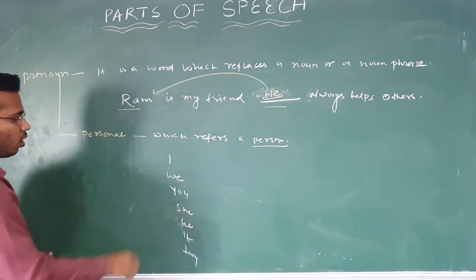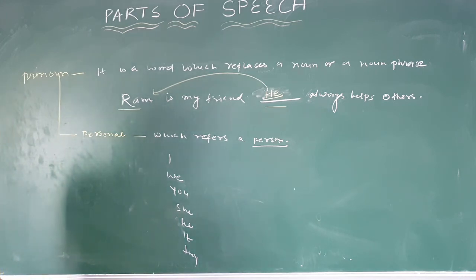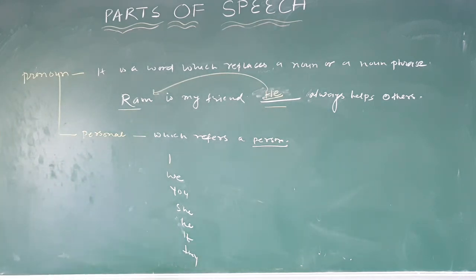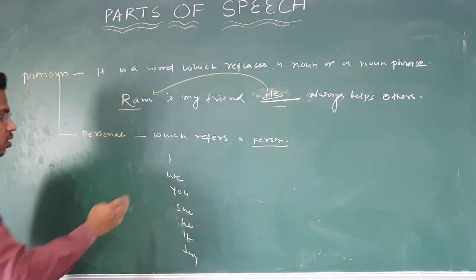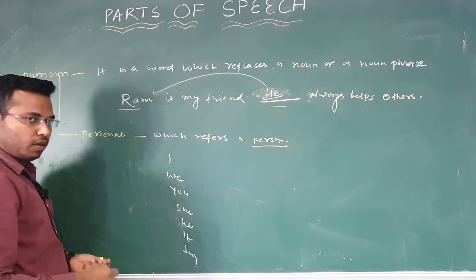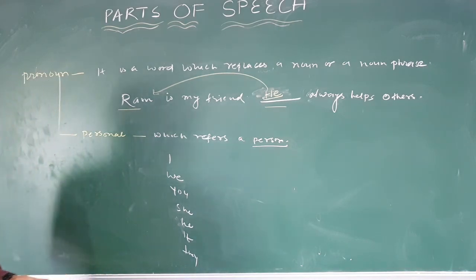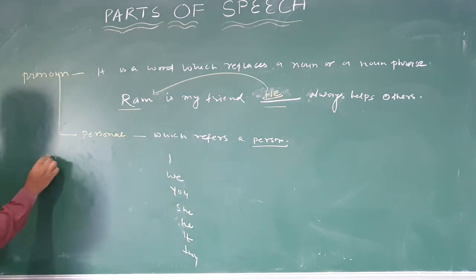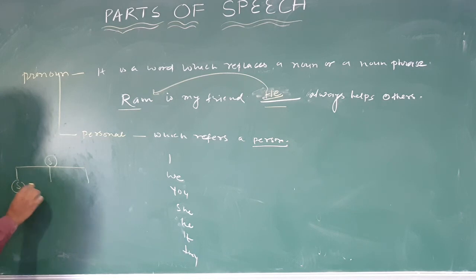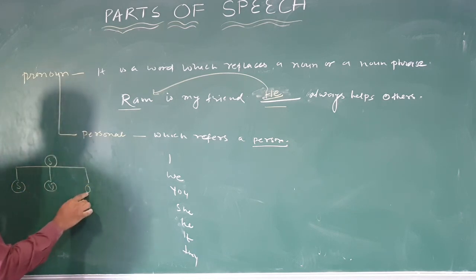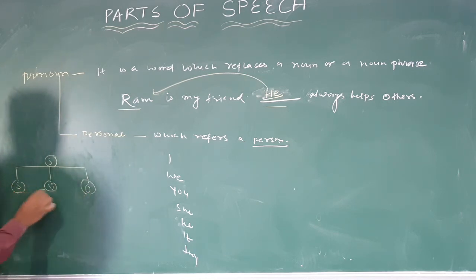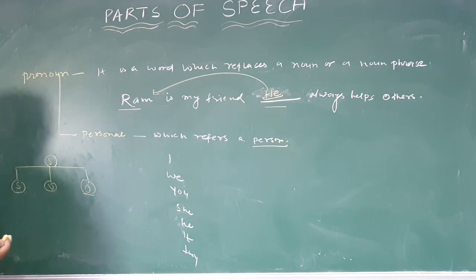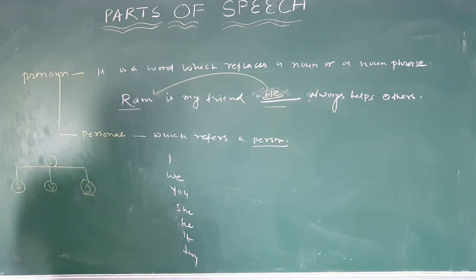Now, they all are personal pronouns, and these all are called subjective case. See, in any sentence we have three important structures: subject, verb and object. Subject and object are basically always a noun or a complement.